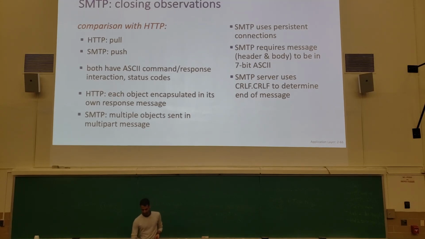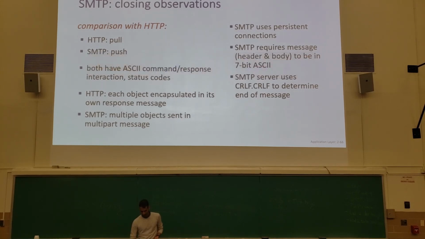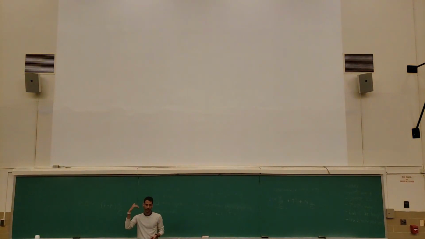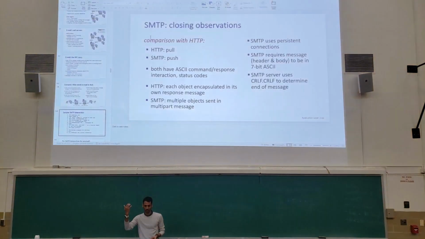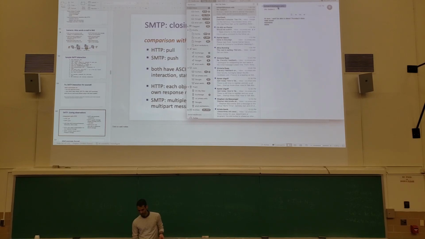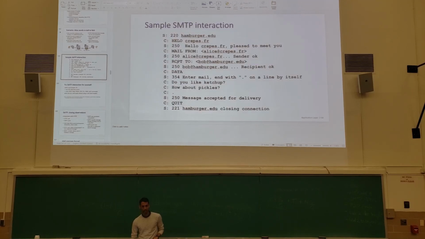Each email itself has headers, right? You've seen from, to, date, and so on. These email headers are different from the mail from and rcpt to commands, which are part of SMTP.